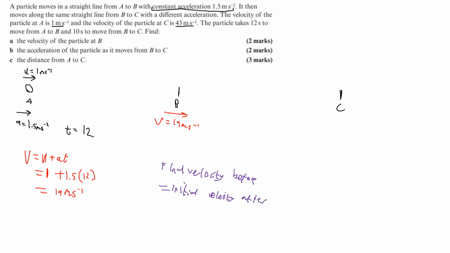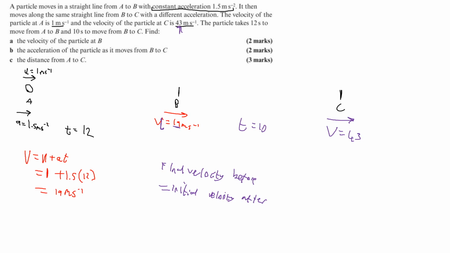So if this V is 19, now U is equal to 19 for this part. And this now T is equal to 10, all right? Because what is our final velocity going to be for this example? 43, isn't it? So let's write down 43 on this side. V is equal to 43. And we need to work out what A is.